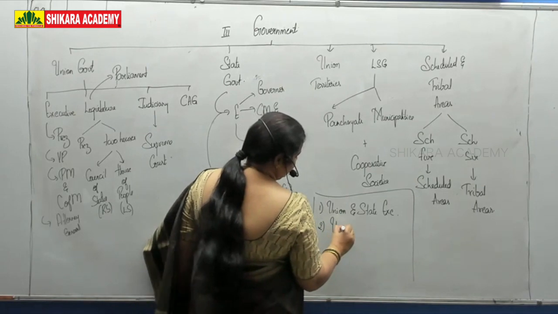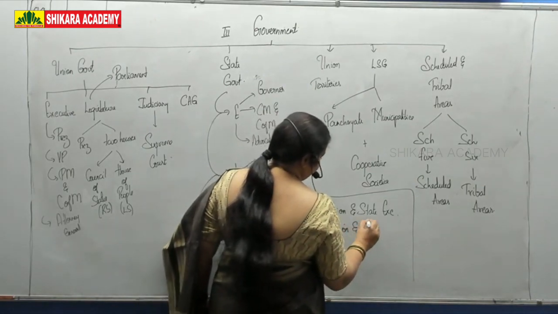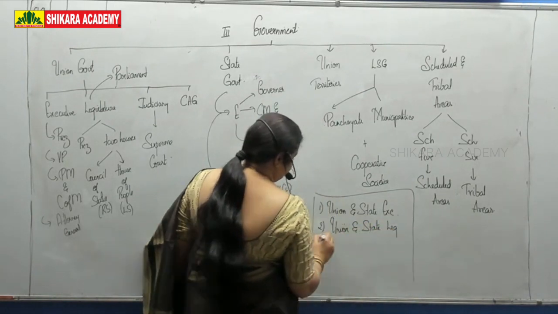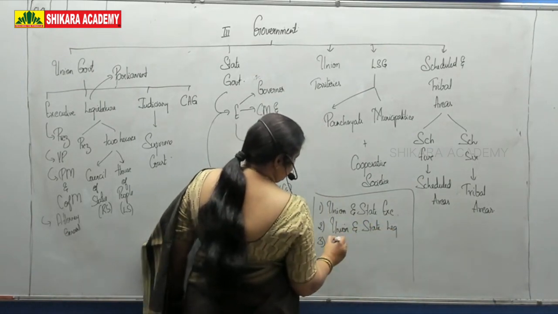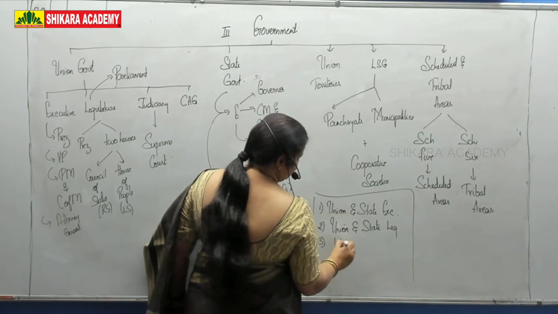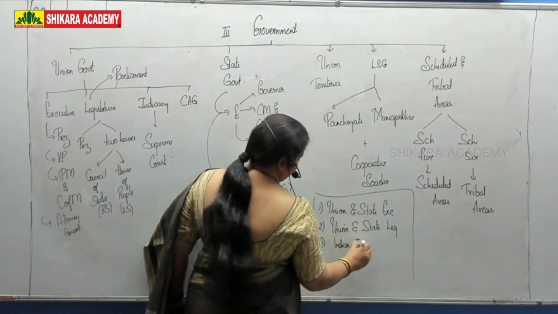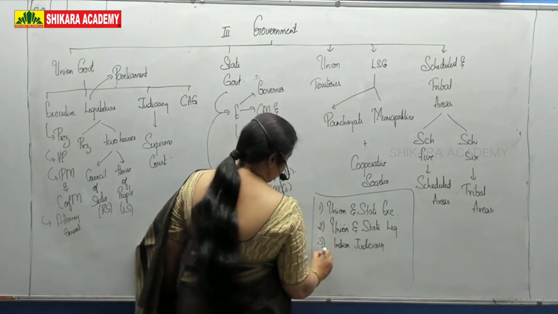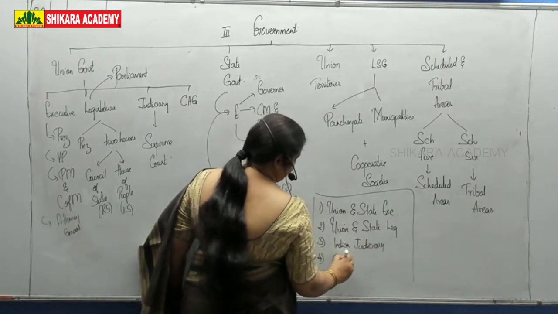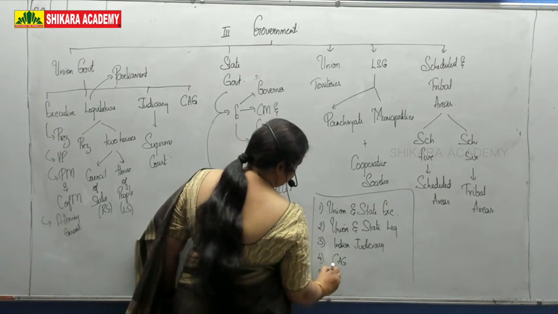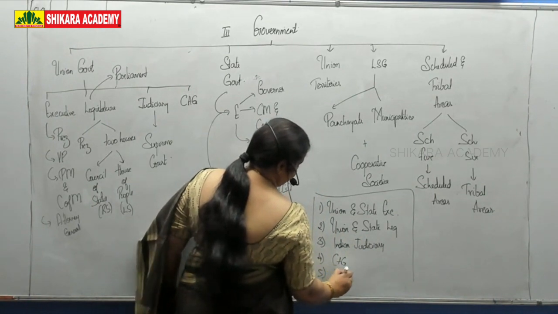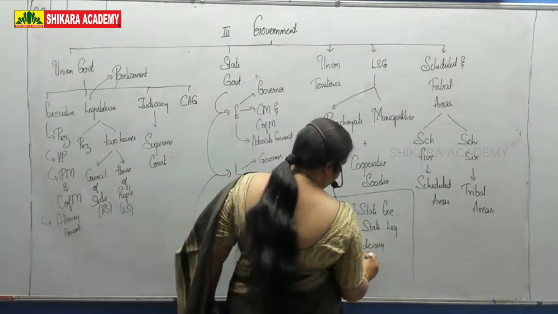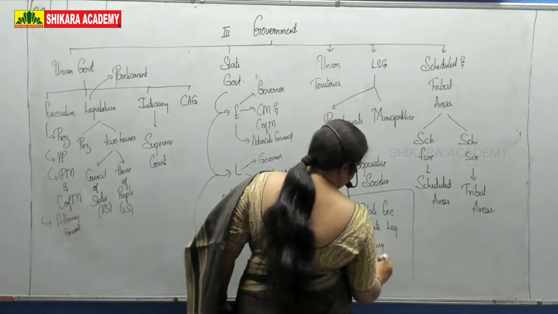union and state legislature. Then we are going to discuss Indian judiciary, the courts in one chapter. Then we are going to discuss CAG. Fifth, I am going to first finish off with local self-government, that is panchayats, municipalities and cooperatives. The last part will be UTs.